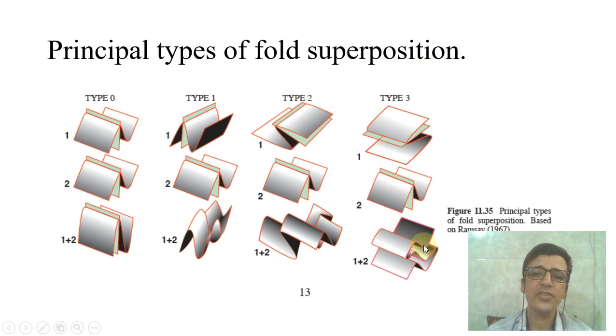In superposition, how this structure looks on the surface of the land is very important. Any of these structures, type 0, type 1, type 2, type 3, has a special shape on the surface, a special trace.